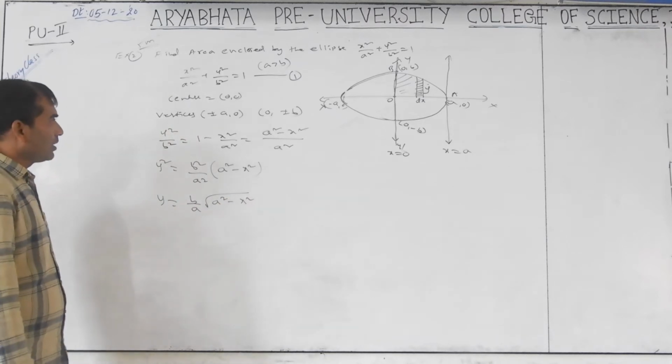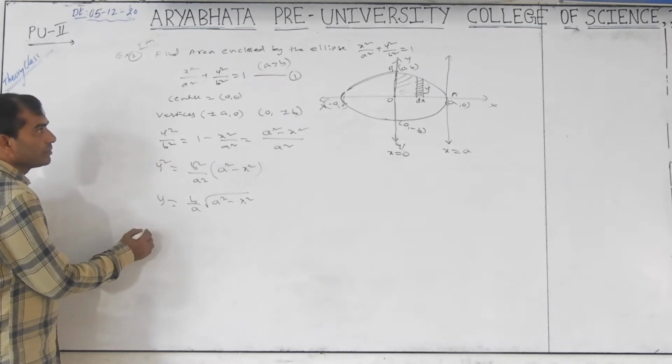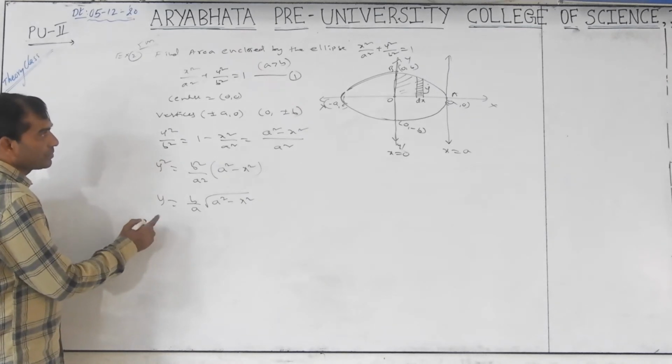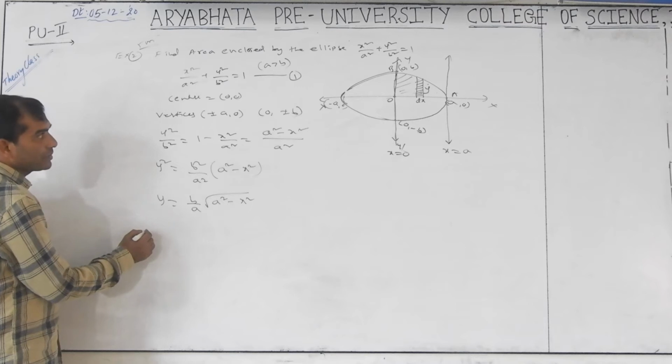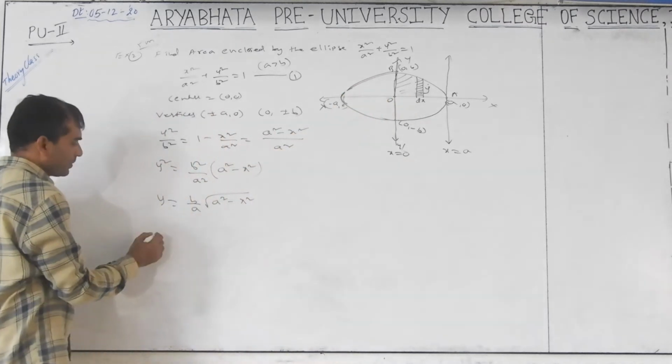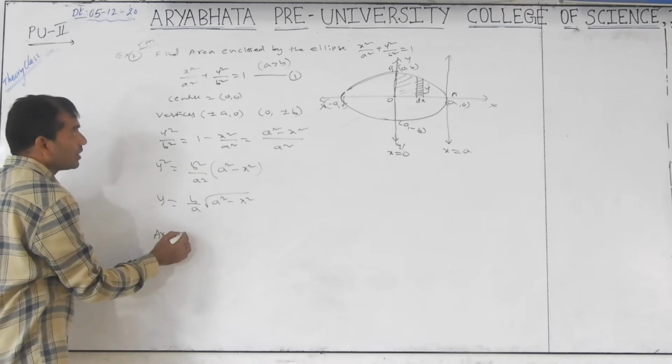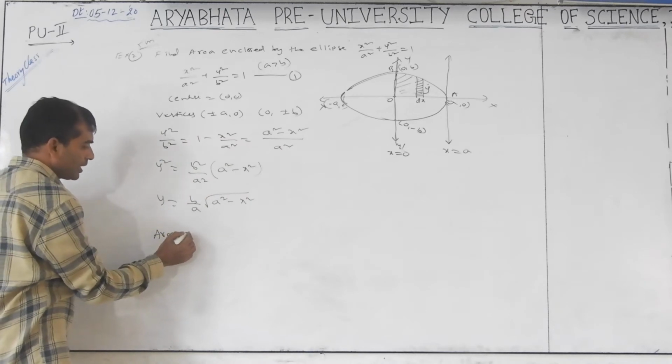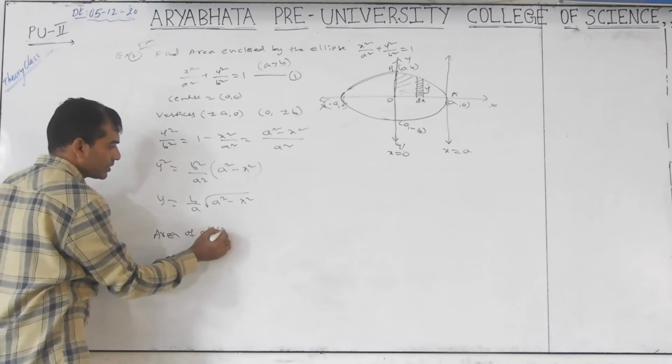Okay? Now, area of the ellipse. Now, the curve OAB is bounded by limits 0 to a. Area enclosed by the ellipse.